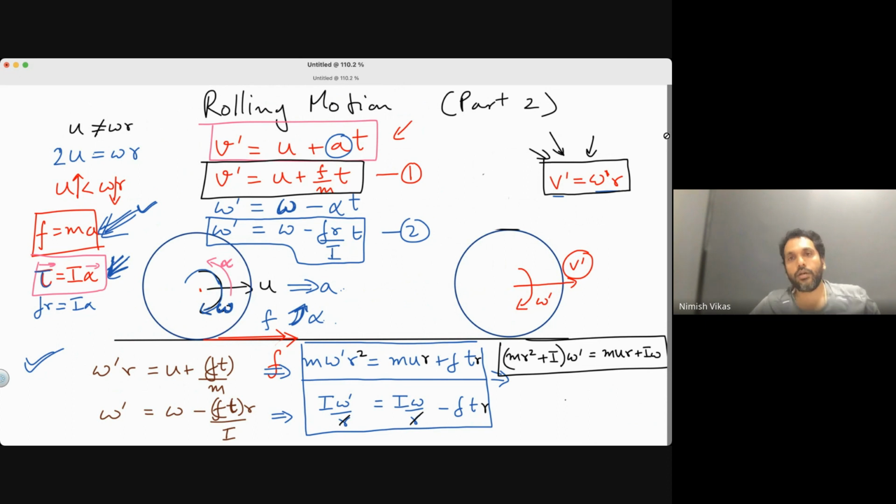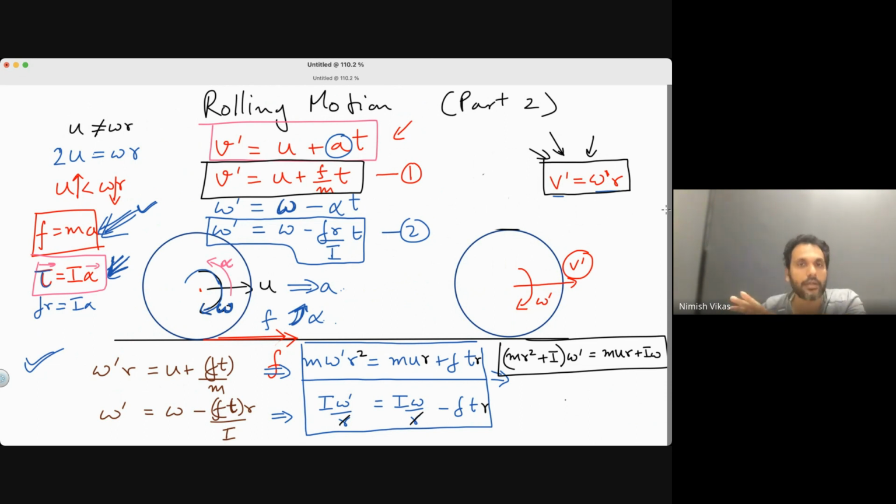Shall I ask you a really tough logical question on this situation? Then you ask all your doubts. The kinetic energy finally is half I omega dash square plus half m v dash square, and initially is half m u square plus half I omega square. The difference in the kinetic energy must be the work done by the friction. Initial kinetic energy is more, final kinetic energy is less.